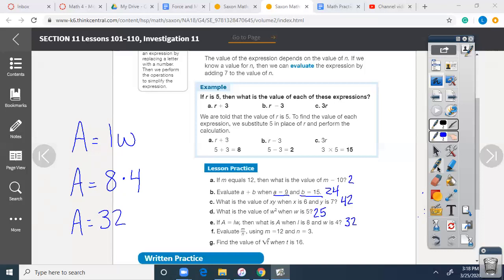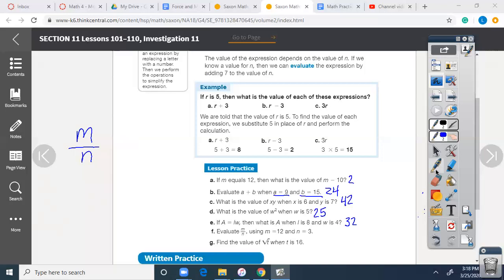Okay. F, evaluate M divided by N. So you are going to write M over N. And then it says M is 12, so I'm going to put 12 there.